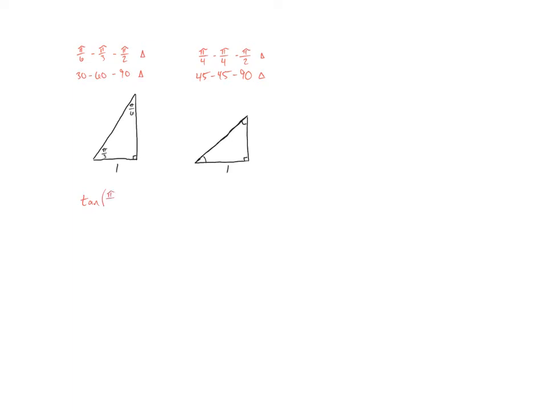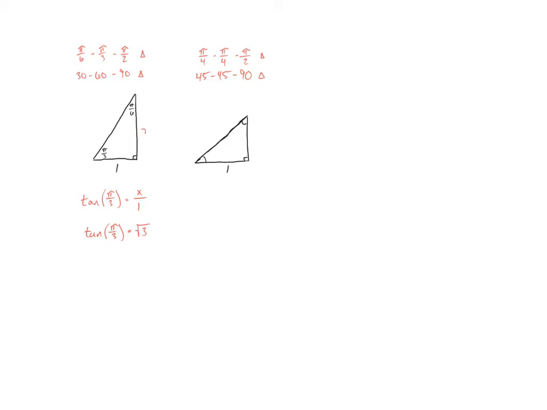So tangent of pi over 3 is equal to your opposite side over your adjacent side. Okay, so then the question really just becomes, what is tangent of pi over 3? And just make sure that you're in radians on your calculator. But what you're going to get is a decimal that is actually equivalent to the square root of 3.